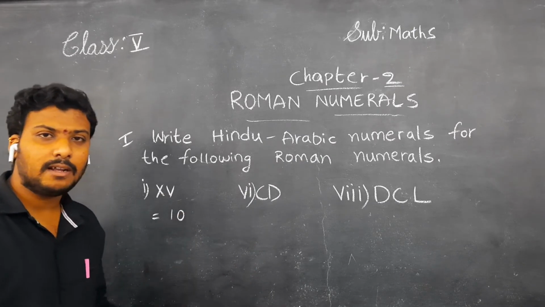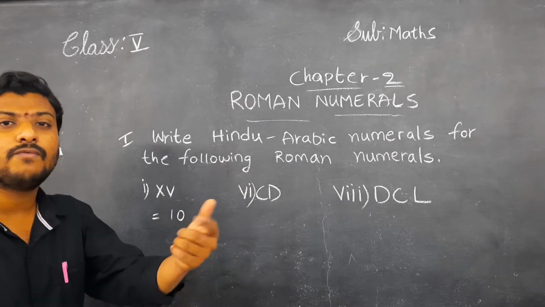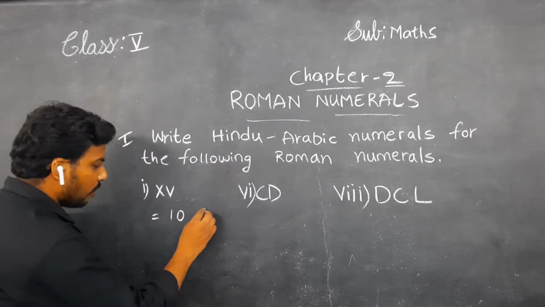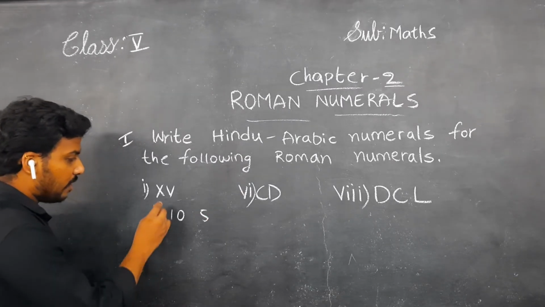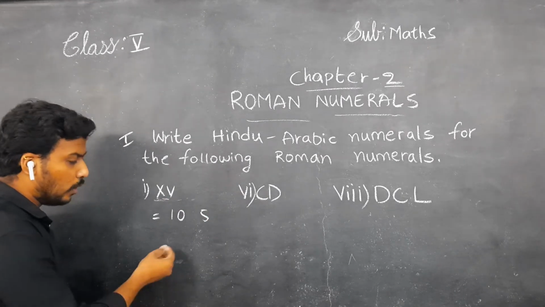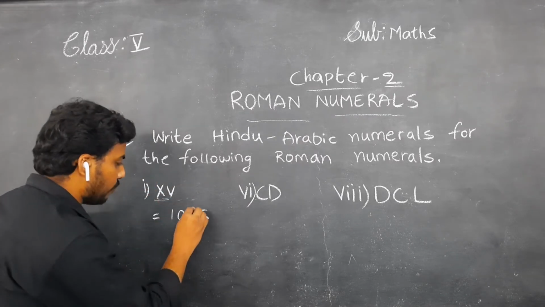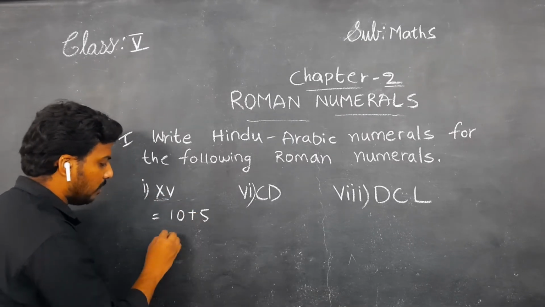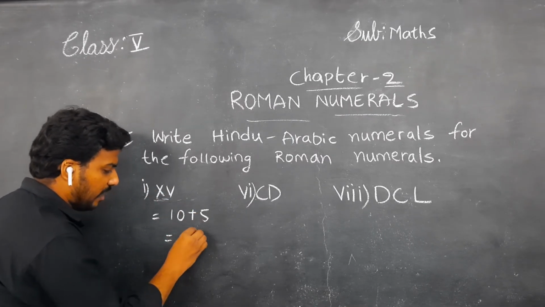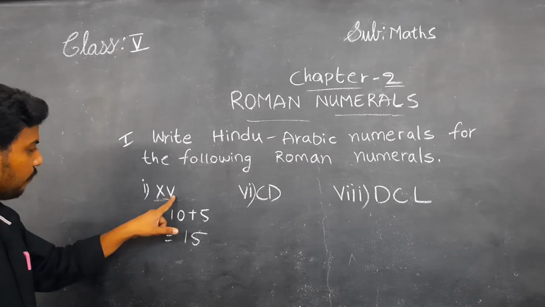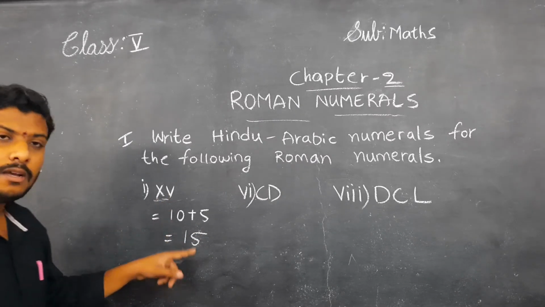V is the letter and it represents the number 5. They have given both combined, so here also we need to add both of them. 10 plus 5, what, children? 15 is the answer, children.